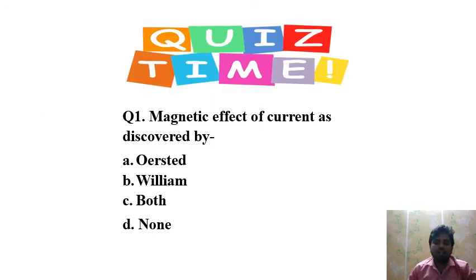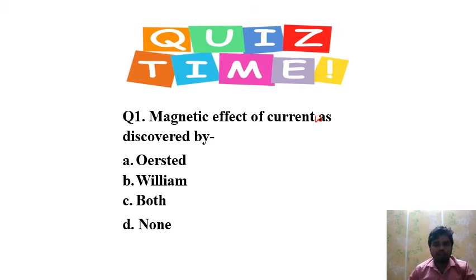Now you have to answer this question. Magnetic effect of current was discovered by dash. Ørsted, William, both or none. So students, you have to tell the answer. I will give you 30 seconds to recall the things, and one by one you have to tell me. Everyone has to say this answer.